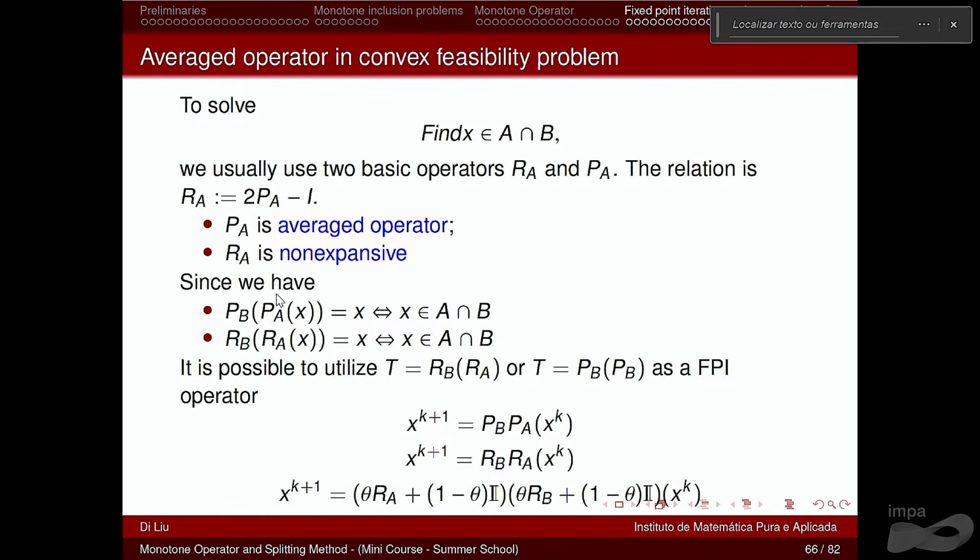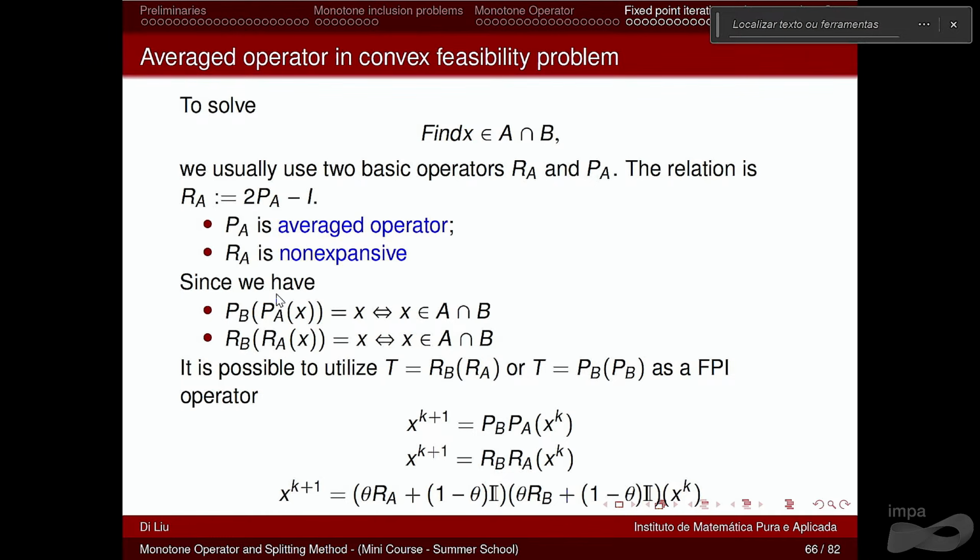We need to pay attention here: the costs of the projection and the reflection are almost the same. If you already have the projection, you can get the reflection automatically, so the computational cost of these two operators is the same.